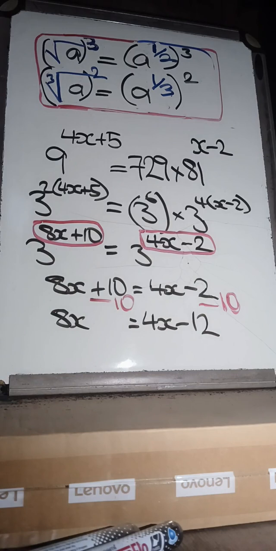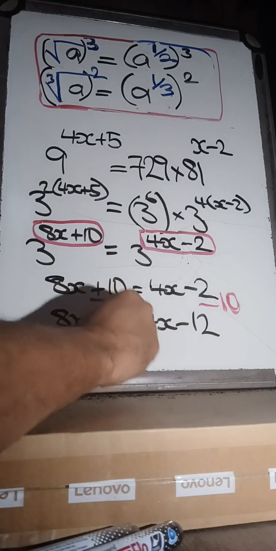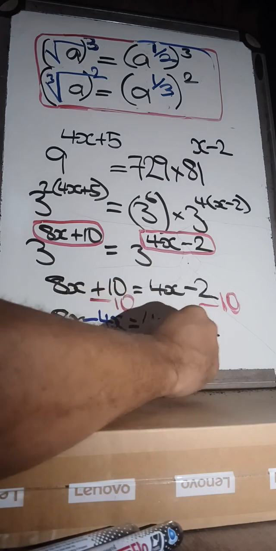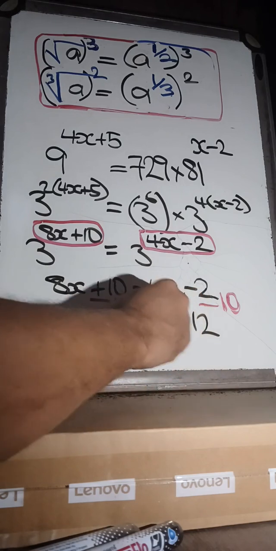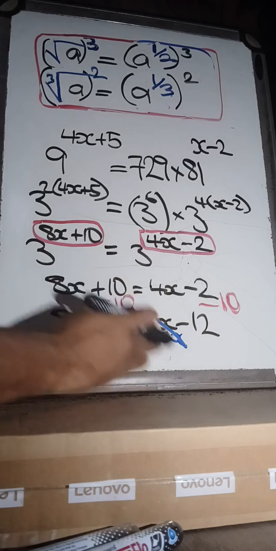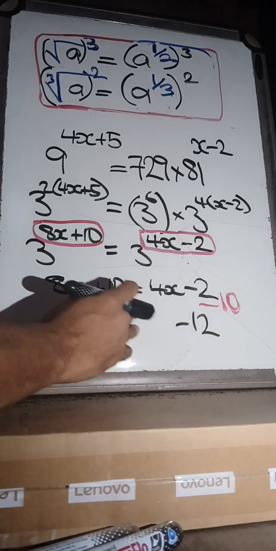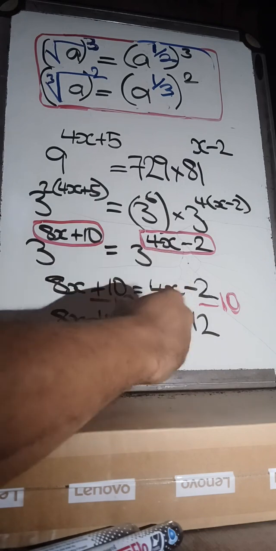Now we're going to minus 4x from both sides. So we're going to have this. Now we will have 4x is equal to minus 12.